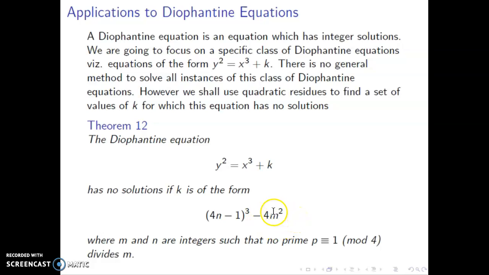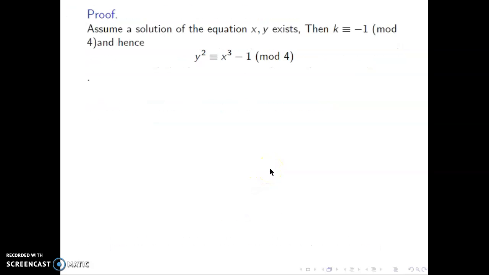Now obviously when I take modulo 4, this value (4n minus 1) the whole cube minus 4m squared is going to be congruent to minus 1 mod 4, and therefore y squared is equal to x cubed plus k reduces to y squared is equal to x cubed minus 1 when I take modulo 4. So k is congruent to minus 1 mod 4.